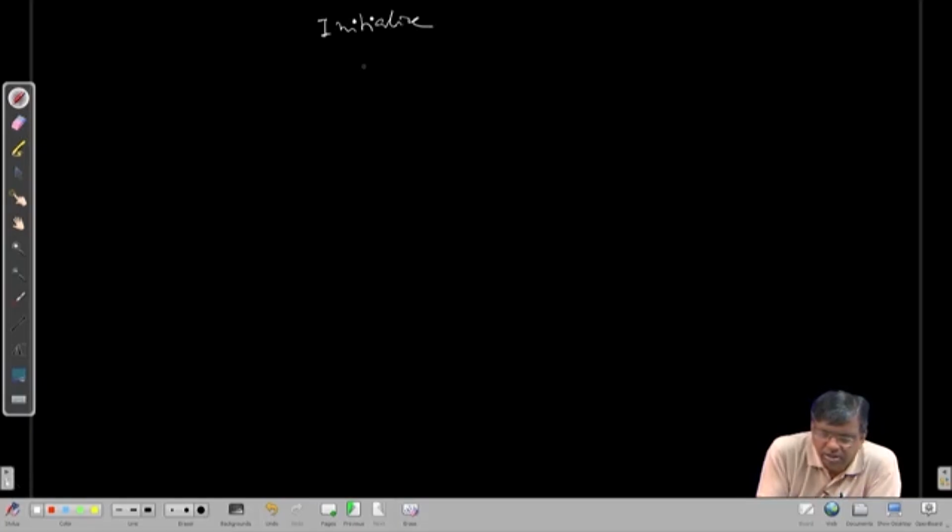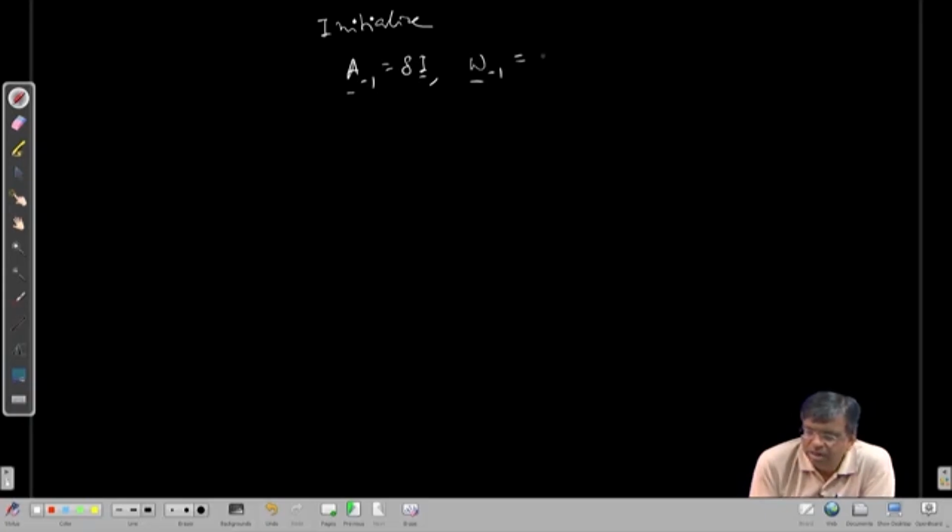Initialize A minus 1 as delta I, as I said. I need W minus 1 also in the a priori error calculation; take it to be 0. Then the first step is the gain vector G n computation.